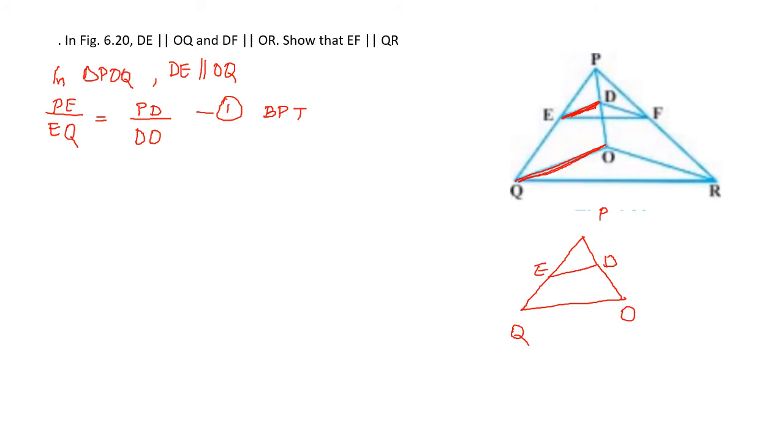Now what is the second one? We have done DE by OQ. Next one is DF is parallel to OR. DF, this is the one. So this line and this line we have to take. Now what is that triangle? If I take the triangle, I have POR. I am drawing it like this. P is here, O is here and R is here. And then I have the line here DF.